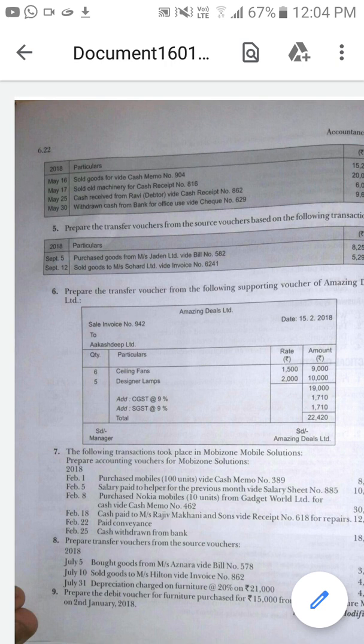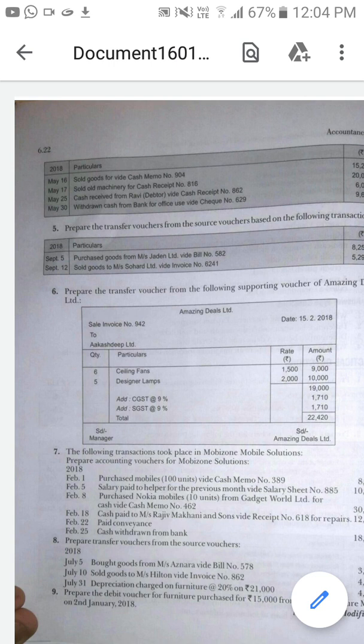So debit Akash Deep Limited and credit the sales account. In debit Akash Deep Limited put the amount 22,420 and draw the total line, and in credit sales account write the amount, put the total, and write the description, that is, being the credit sales made, and put the invoice number 942. That's all.